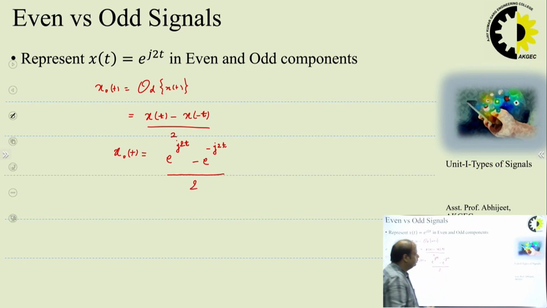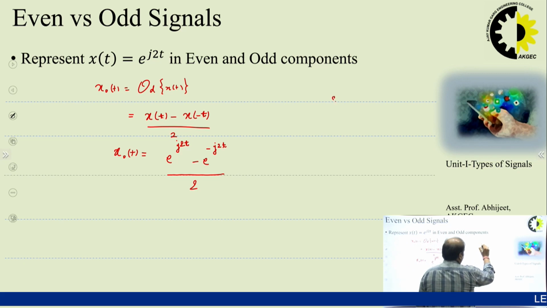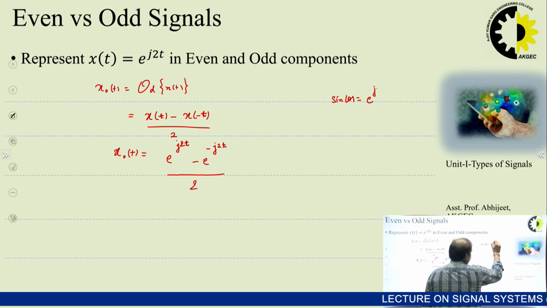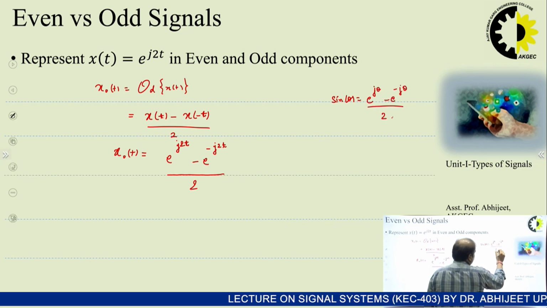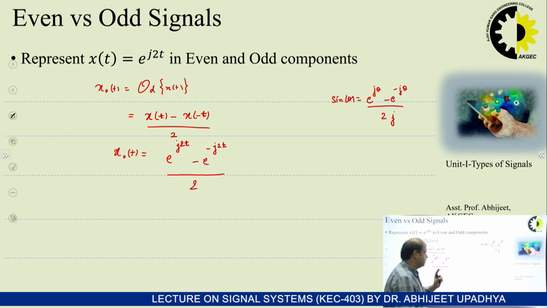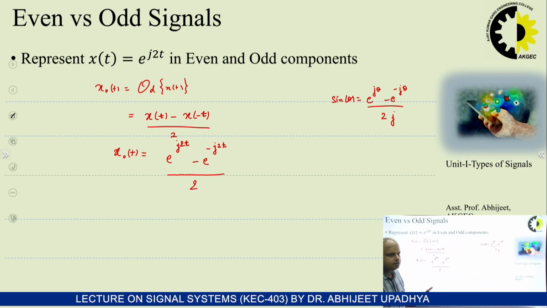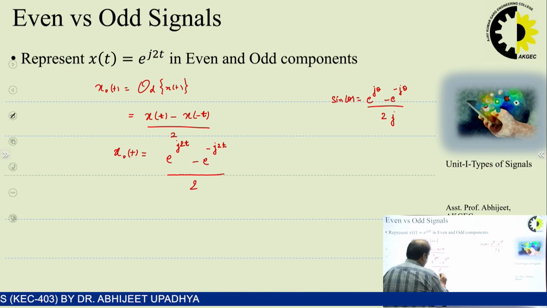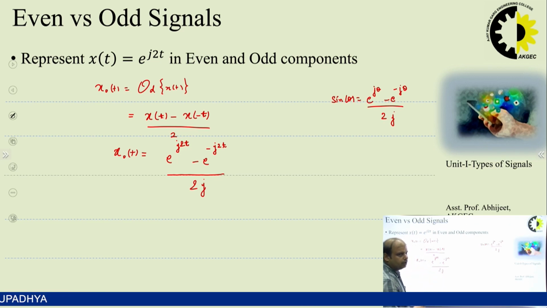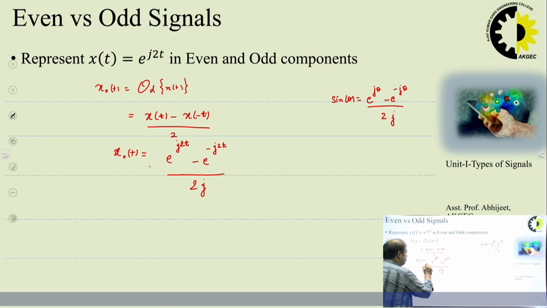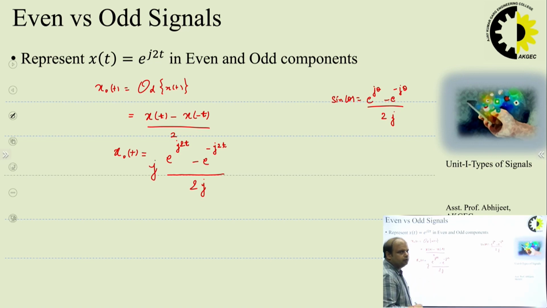But we know that in the previous slide I defined, and I am again defining, that sin theta is e raised to the power j theta minus e raised to the power minus j theta upon 2j. So if I compare this with this, you can understand there is a missing j element here. So what we need to do is introduce the parameter j in the denominator. We cannot do it by ourselves. It is a phase component, so we will also need to multiply by the same amount in the numerator.